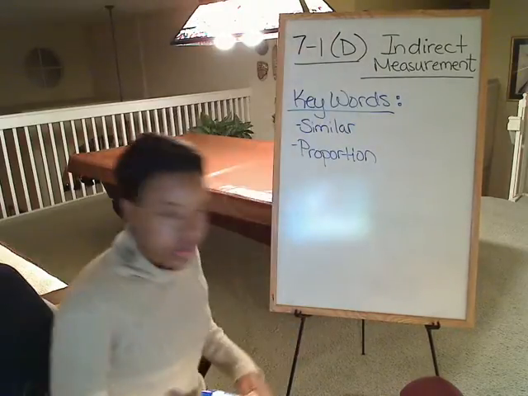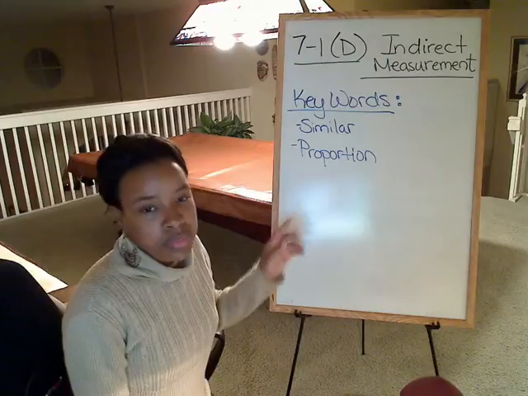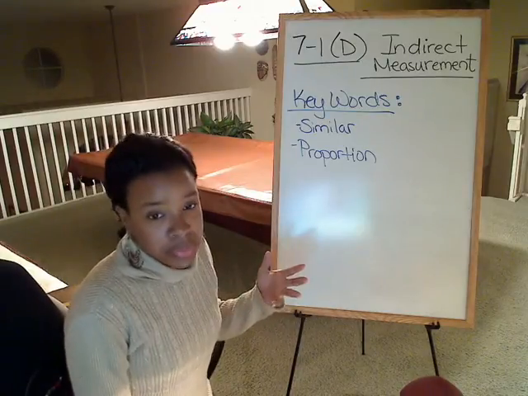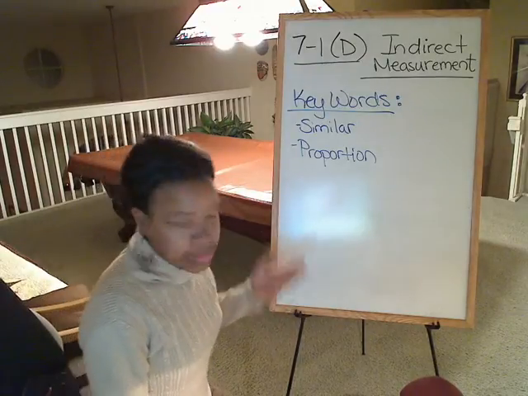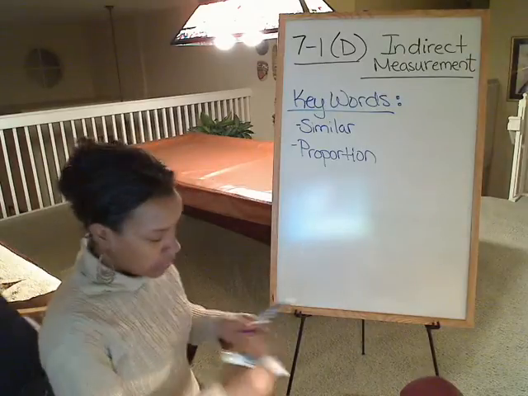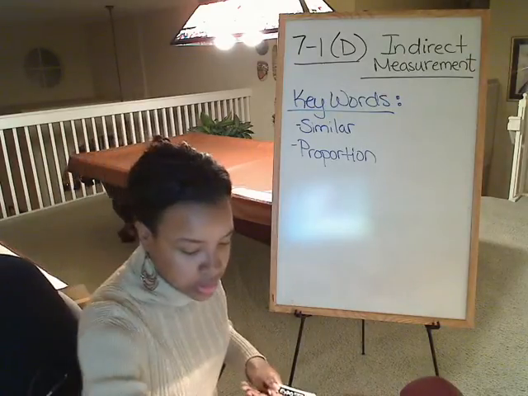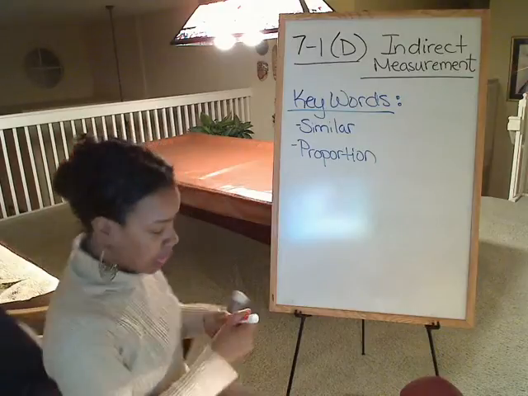So you know that whenever you see these words, similar, proportion, you're going to actually set up a proportion. That's your step to solving these problems. So if we were going to write down the steps, step number 1 would be to set up a proportion.